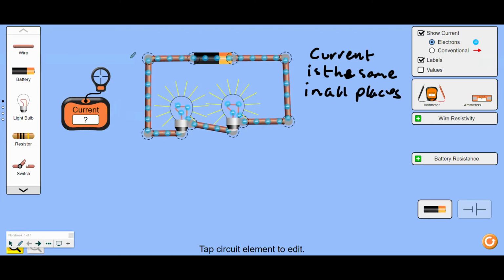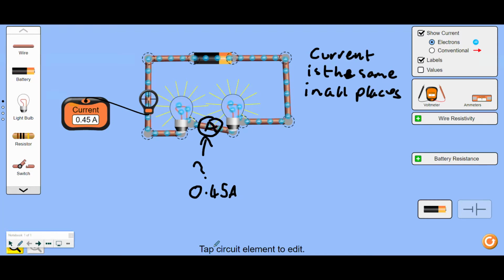So if, for example, the current over this side is 0.45, we can predict that if I put an ammeter in a different place, and the question asks what is the current at this part here, based on the fact that the current is the same in all places, I can work out that because it's 0.45 here, then the current must also be 0.45 amps here as well.